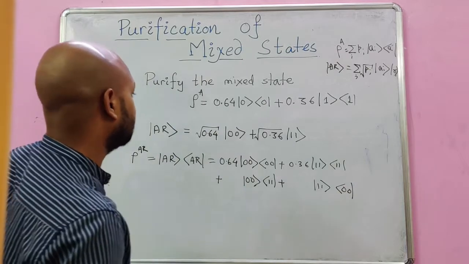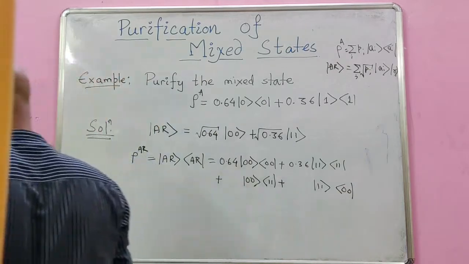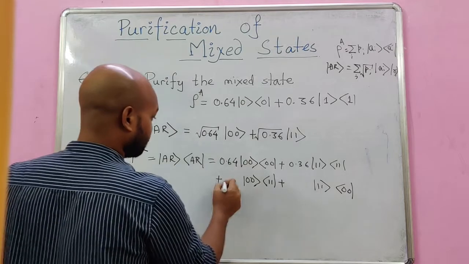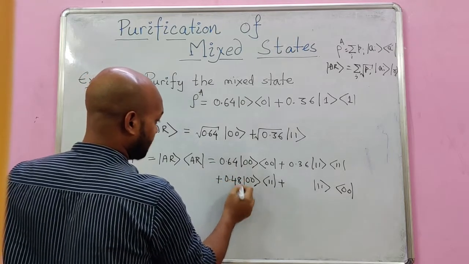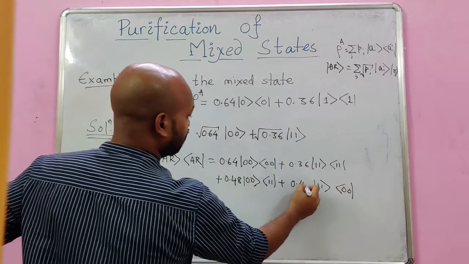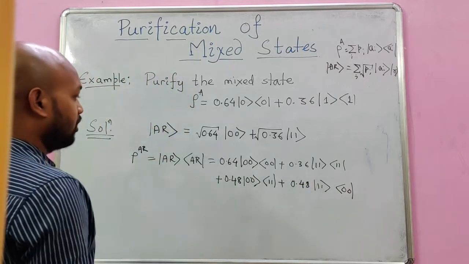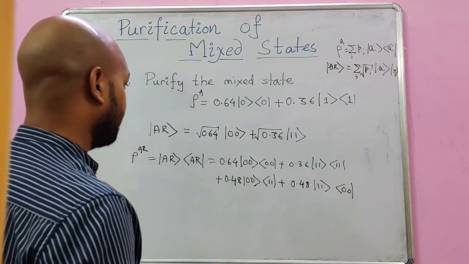And 0.64 and 0.36 multiplied, under the square roots, would become 0.48.